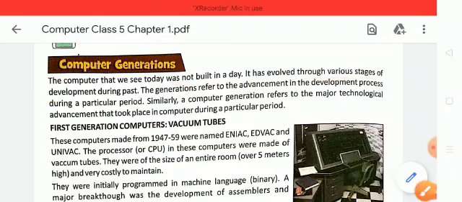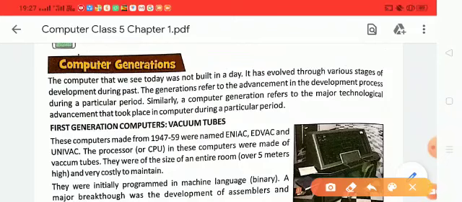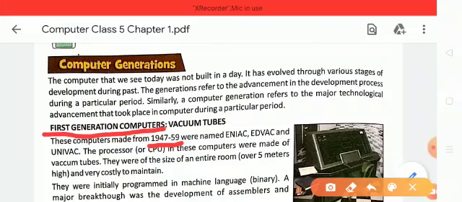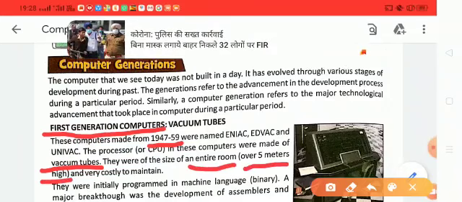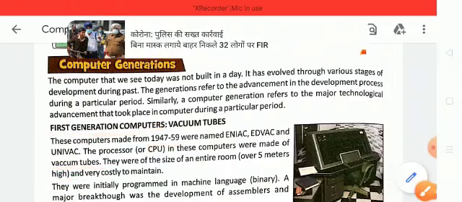Okay, now we learn about first generation computers. These computers, made from 1947 to 1959, were named ENIAC, EDVAC and UNIVAC. The processors in these computers were made of vacuum tubes. They were the size of an entire room, approximately 5 meters high, and very costly to maintain.